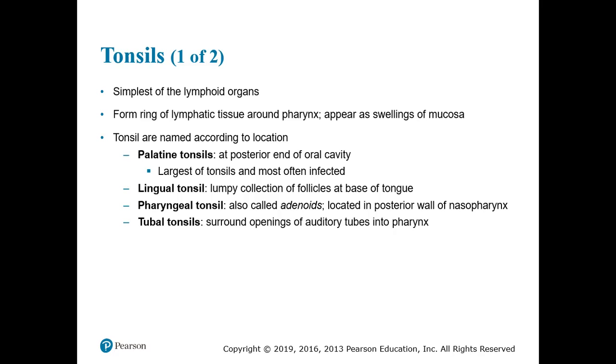These are going to be the largest ones, and because they're the largest, they're more commonly infected, because they're the ones that are able to capture food and food debris, and also other types of debris that may contain bacteria, even through inhalation.